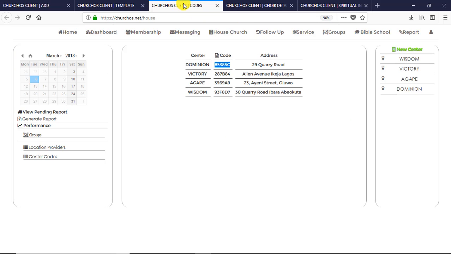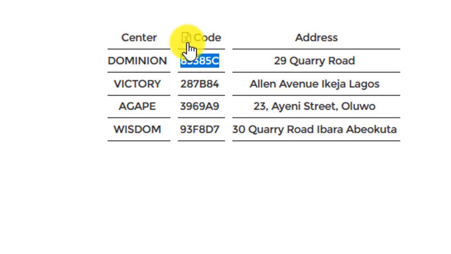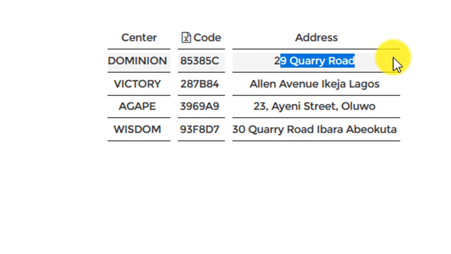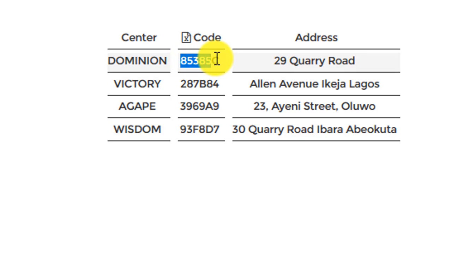Once it's loaded, you have the names of all your centers, covenant names. Here you click on center codes. These are the codes. So for each member whose house is nearest to this address, they should know that this is the code for the homestead nearest to them. So what they need to do is supply this code.